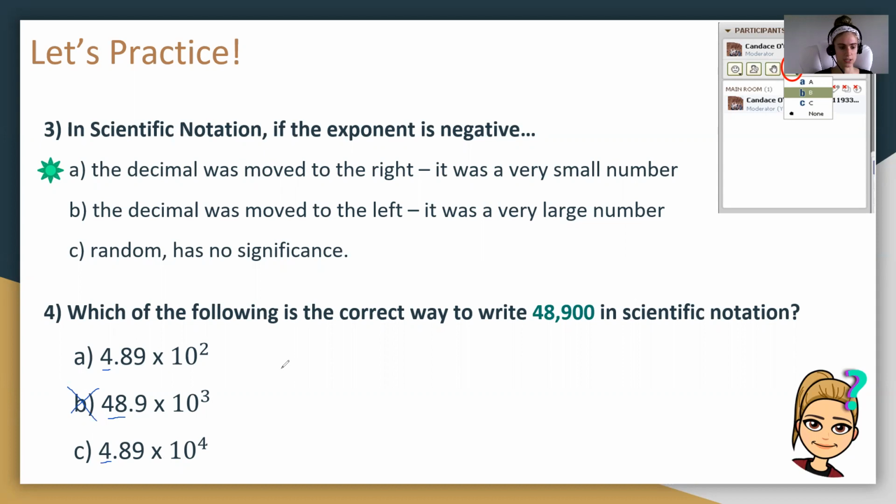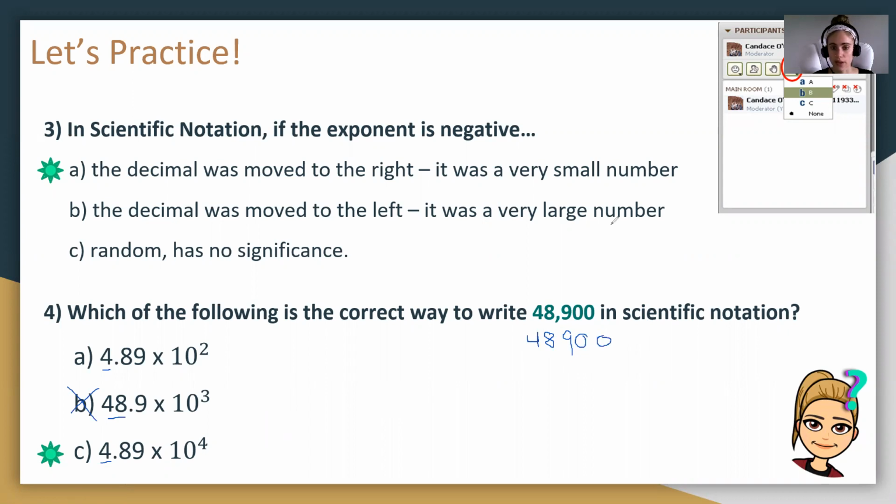And the correct answer in this case, oh, why is it not letting me? There we go, is C. So let's go over how we arrived at this answer. If we look at our number here, I first want to rewrite it without the comma, because if you got A, that could have been one of the things that tripped you up.